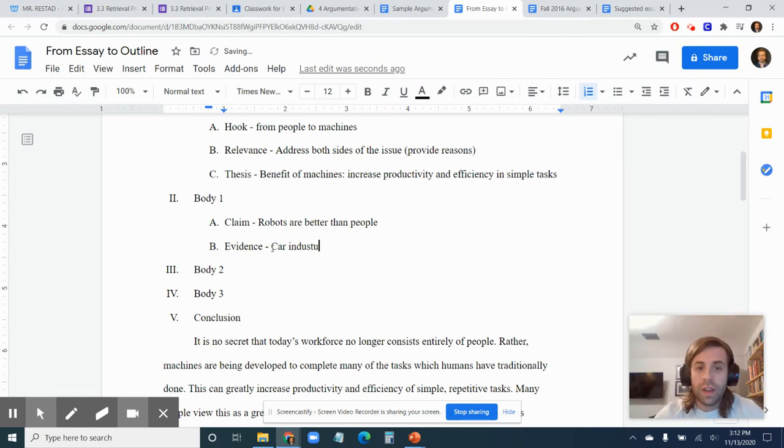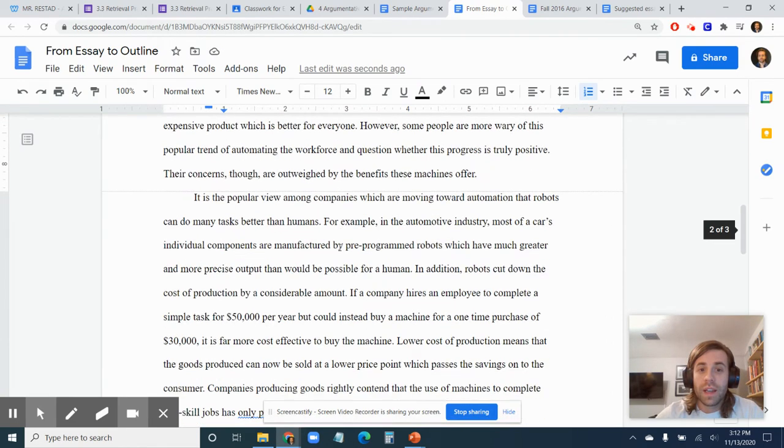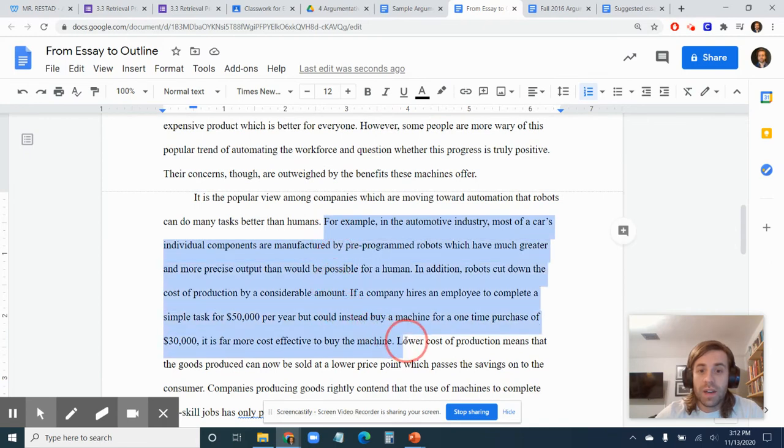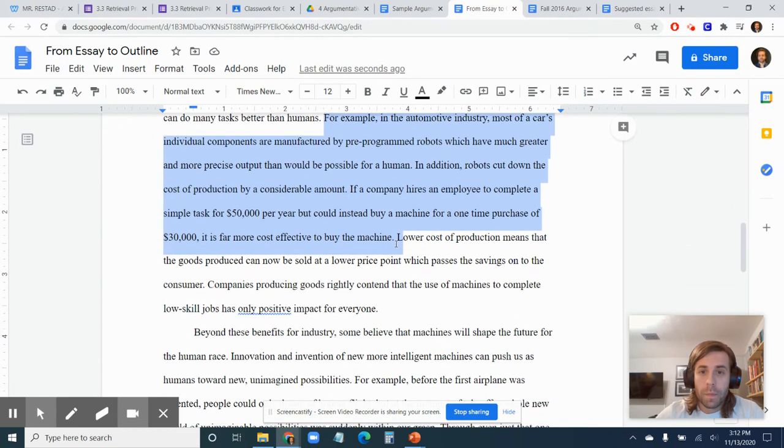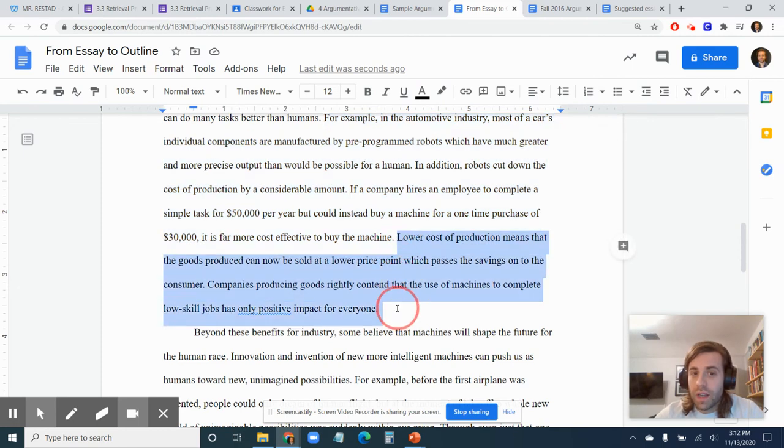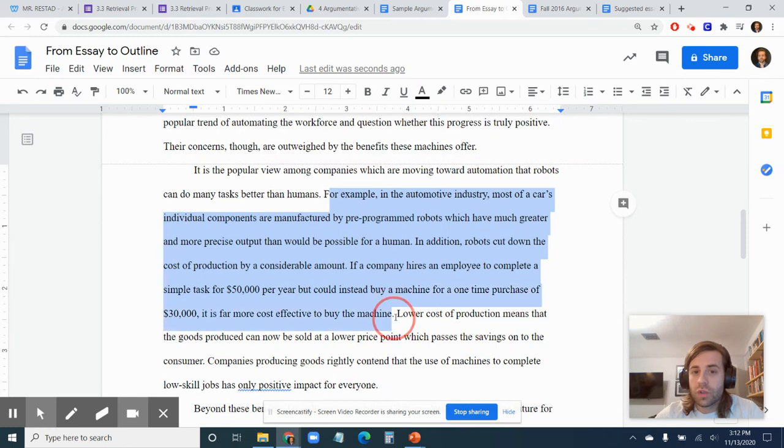I know that if I was building this outline, I'm going to talk about the car industry at length, and you can kind of see how this person might have built a quick outline like this and said, okay, my evidence is going to be the car industry, and then this is what they end up talking about. And then their reasoning, if I'm reading this carefully, I'm noticing that, okay, they've given me their evidence right here.